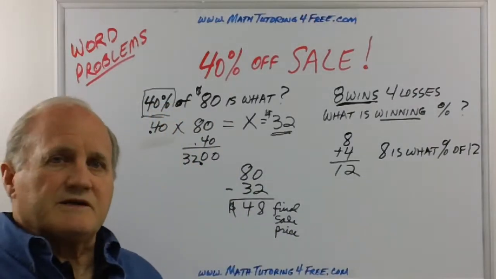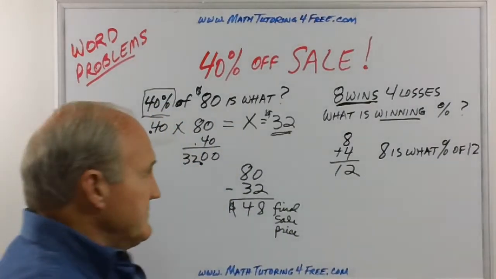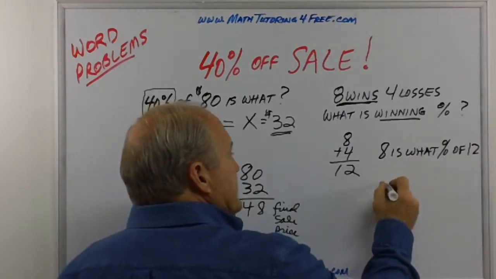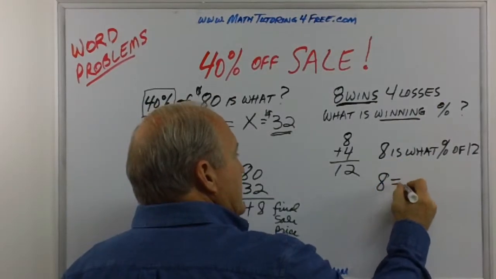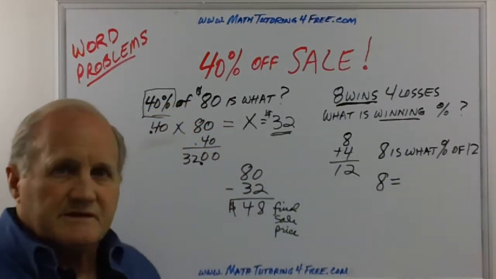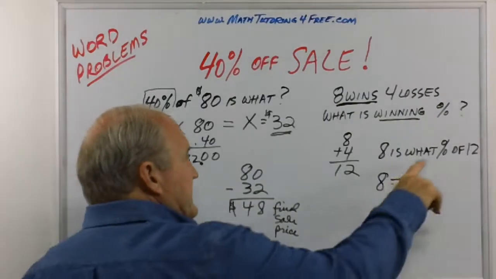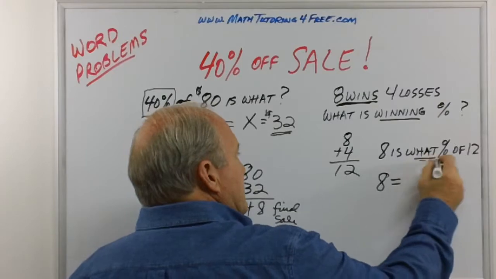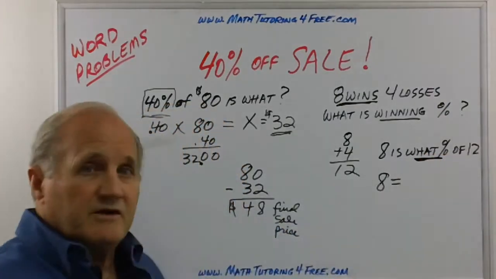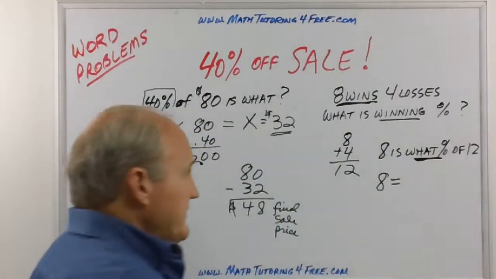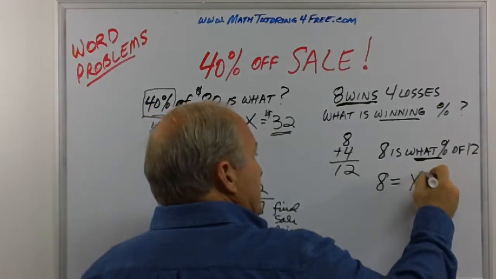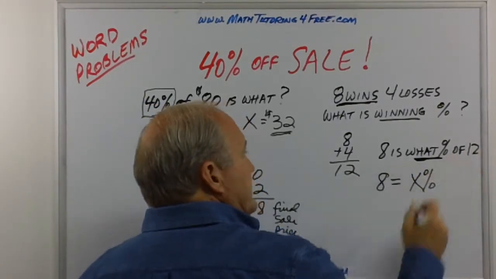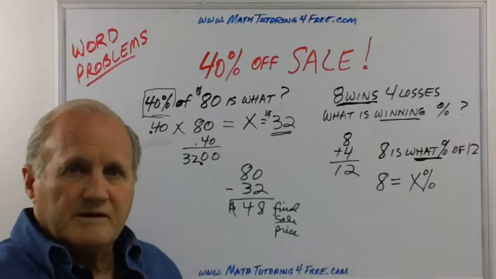Again, let's translate those words into math symbols. 8 is, we said 8, or is equal, isn't it? What percent? Okay? When we're asking that, that's the unknown, isn't it? So we can say x percent of is, again what?